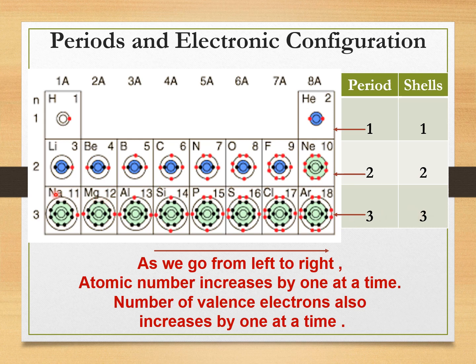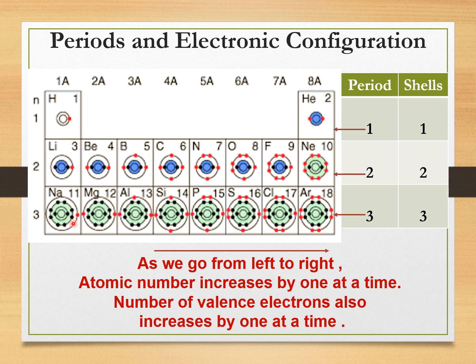Then as we go from left to right in a period, the atomic number increases by 1 at a time. For example, look at the third period. Sodium has atomic number 11, magnesium 12, aluminium 13 and so on. And the number of valence electrons also increases by 1.